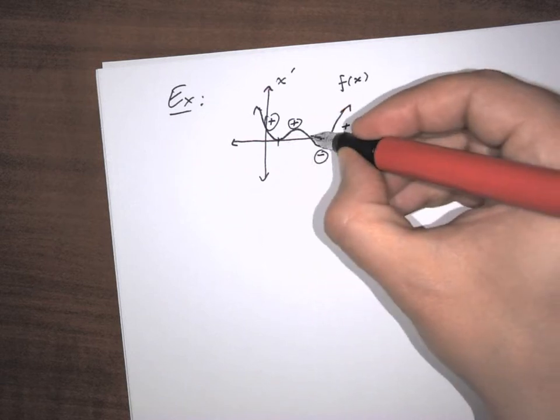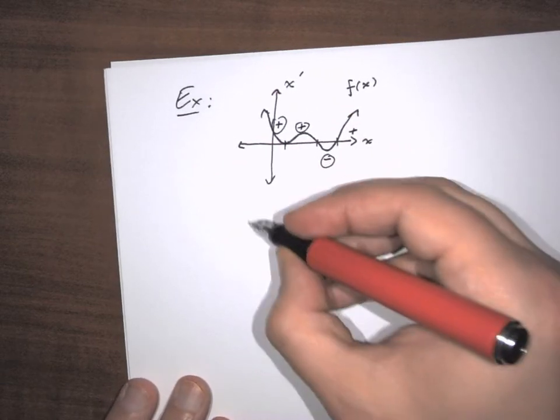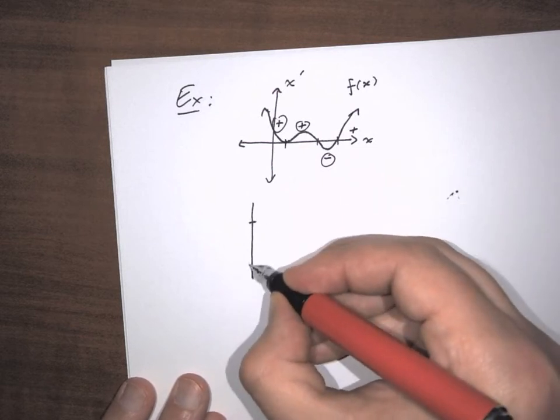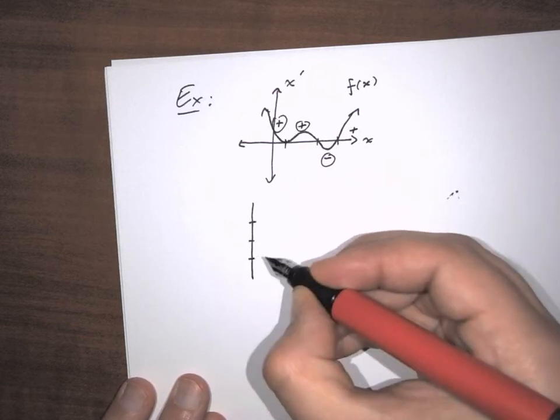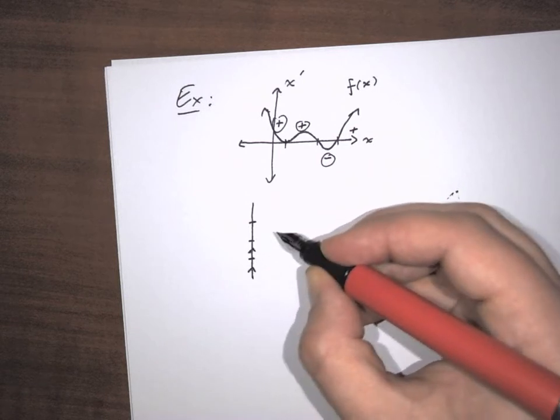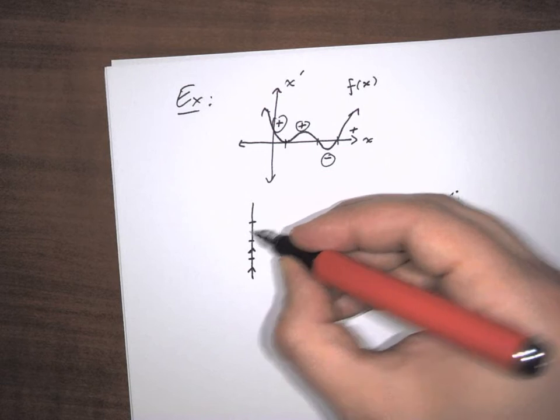We've got three equilibrium solutions, a high one, a middle one, and a low one.